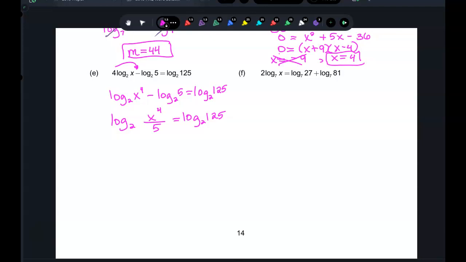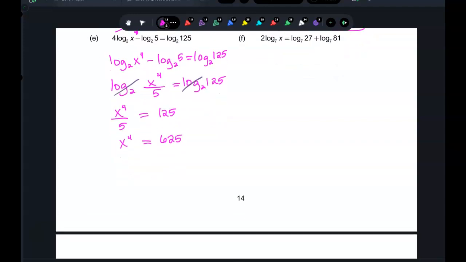Okay, now what can we do? So we have log base 2 on both sides. So I have x to the 4th over 5 equals 125. So this is going to give us x to the 4th equals 625.